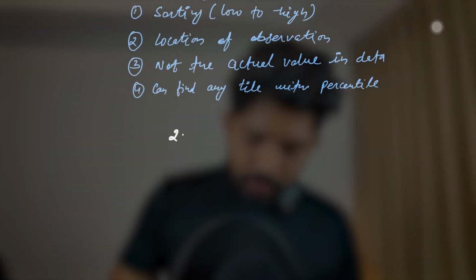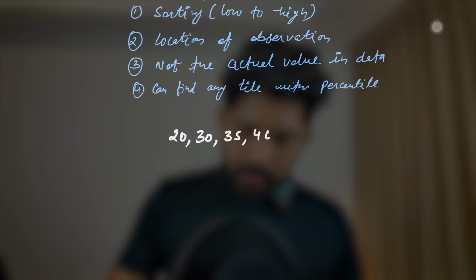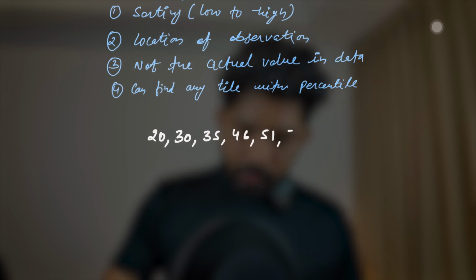So now in percentile, we have 2 concepts basically. If you understand that, then this topic is sorted. The first concept is to find the location of any specific percentile. So let's take an example of a data set which is already sorted, right? Let's say it is 20, 30, 35, 46, then 51, 53, 60, 75, 80, and 90.